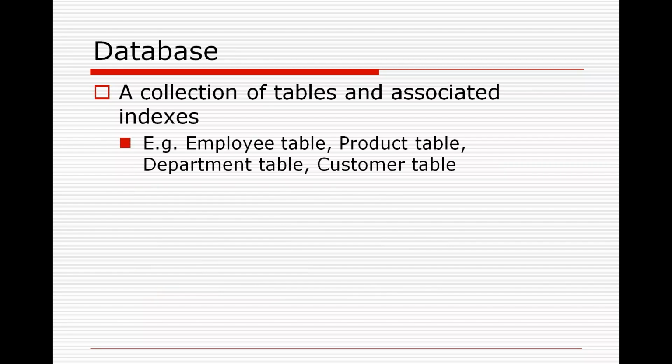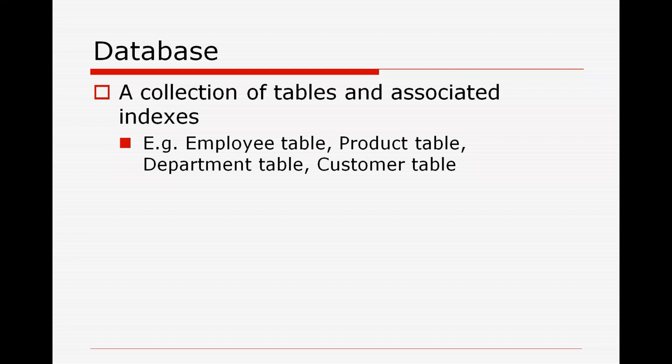If you talk about a database, we define it as a collection of tables and associated indexes. It's a very simple definition of a database. For example, employee table, product table, department table, customer table, like that.